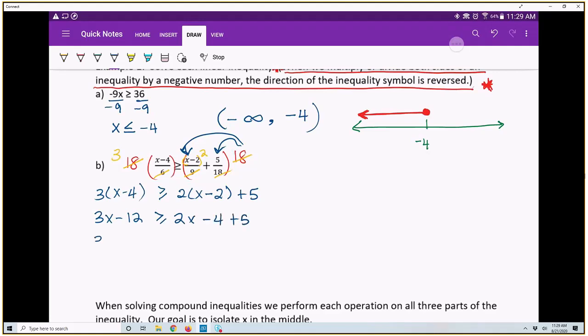And I need to combine like terms, so I have 3x minus 12 greater than or equal to 2x plus 1. I want to move my constant terms to one side, so I'm going to add 12 to both sides. And I get 3x is greater than or equal to 2x plus 13.